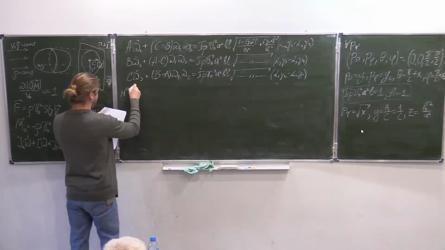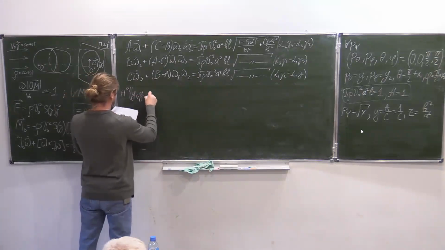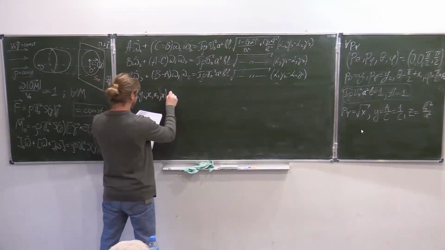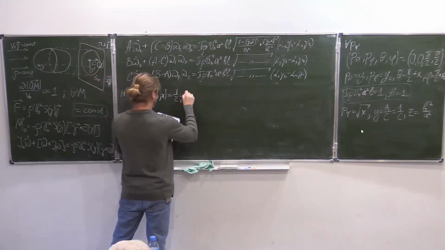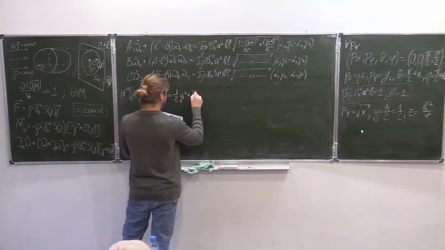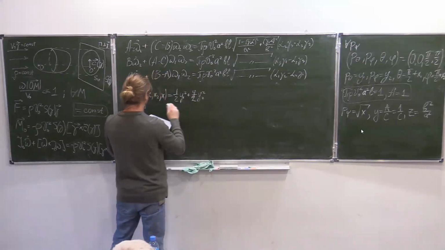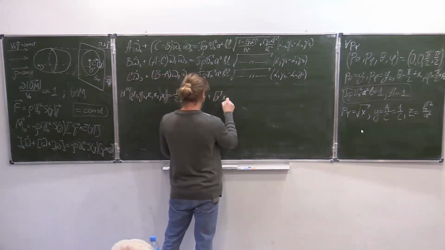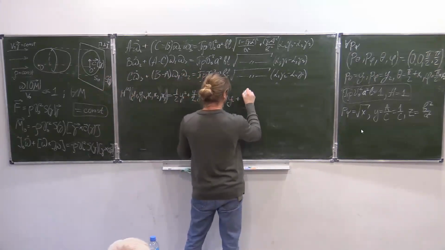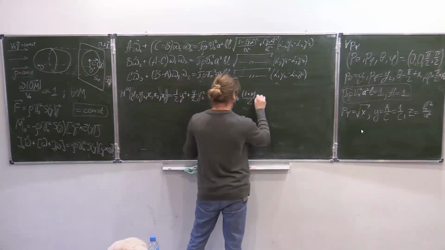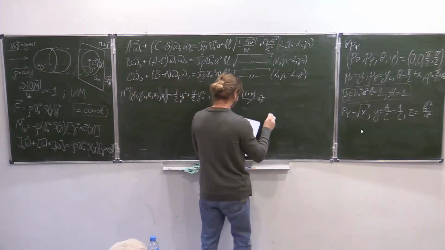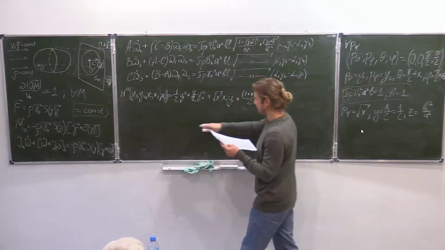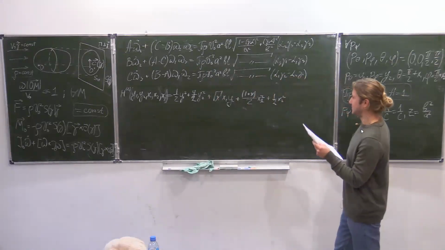The forms of the third degree, as well as all forms of odd degrees, will be equal to 0.